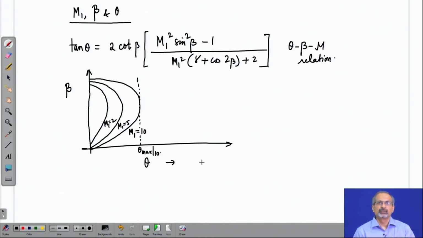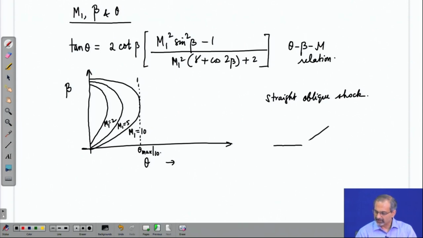for which you will get a solution where the shock is going to be a straight oblique shock. What do we mean to say? Let us say we take a compression corner like this and we draw the oblique shock like this.